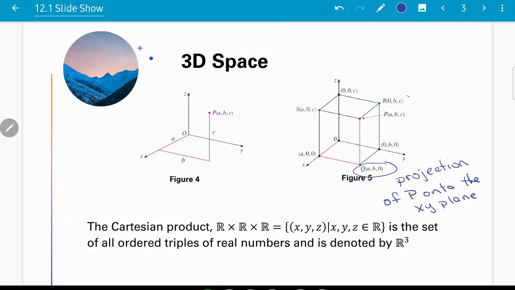Similarly, R is the projection of P onto the yz plane, and S is the projection of P onto the xz plane.